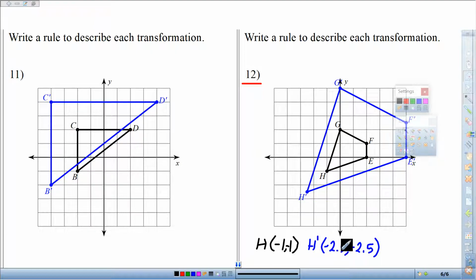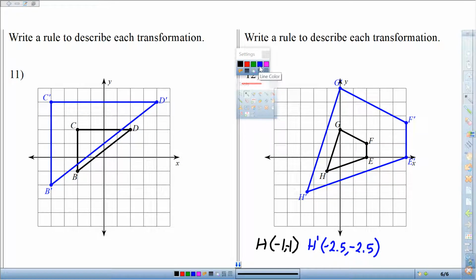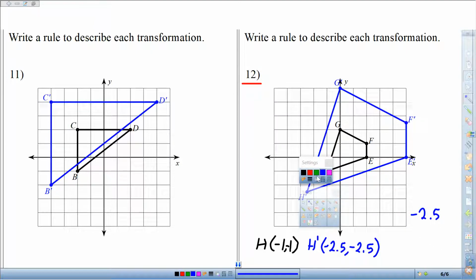That's my answer. But if I didn't have numbers that were so easy to tell, remember there's a little trick, I don't know if trick is the right word, where all we need to do is take one of the image points, so the negative 2.5, and divide it by its corresponding original point, which would be a negative 1.